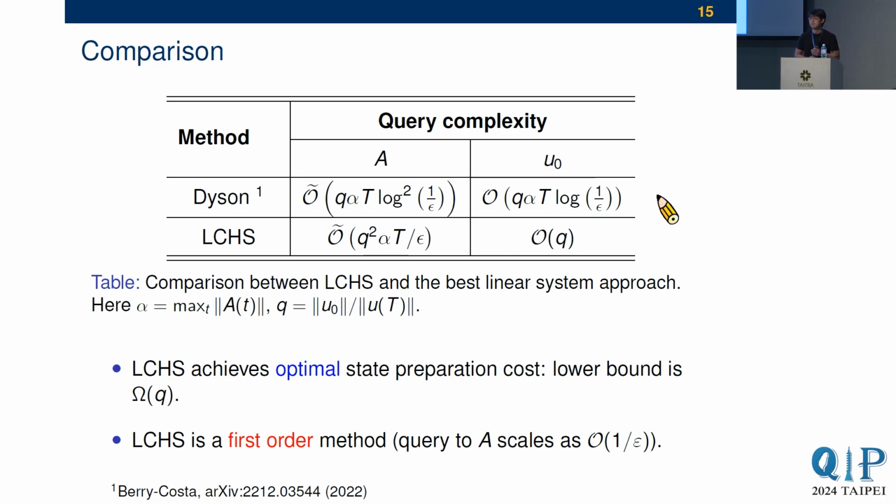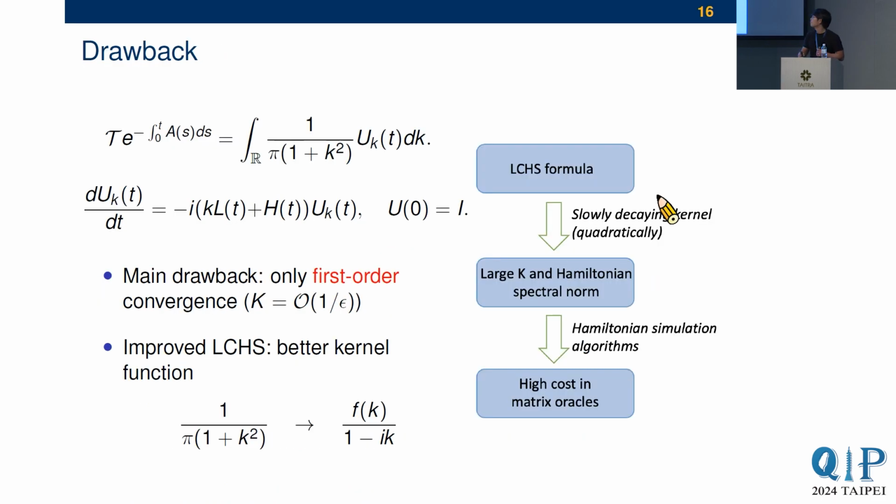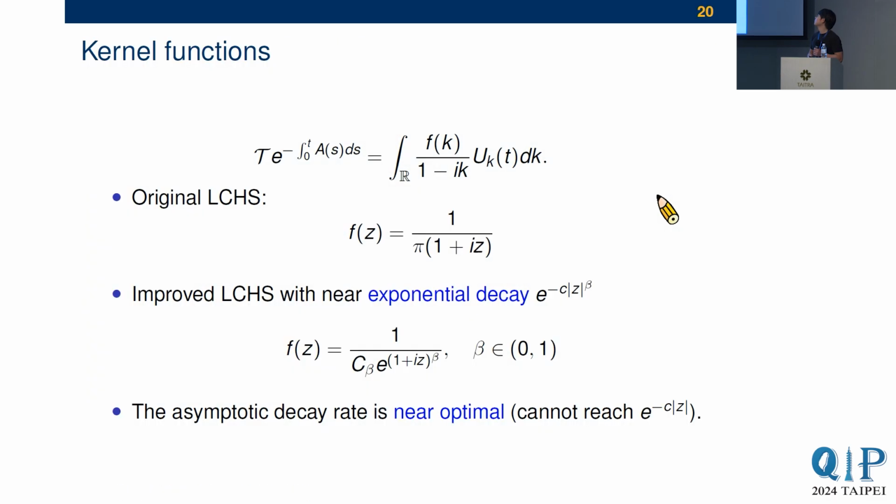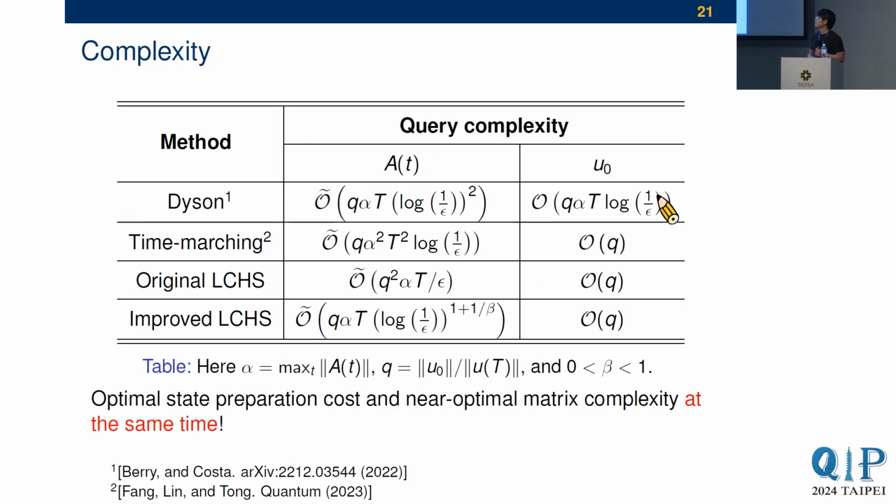So you have a table where you compare the complexity of your approach with previous differential equation solvers. Can you comment a little bit about which factors you are hiding with this O tilde symbol?